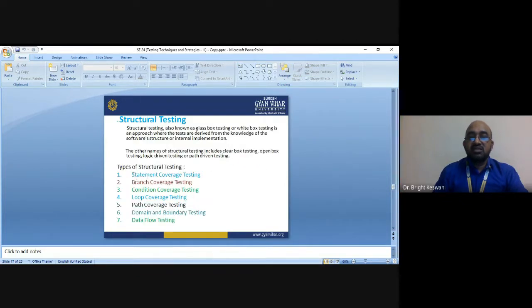In structural testing, we have to discuss statement coverage testing. This is the simplest form of white box testing, whereby a series of test cases are run such that each statement is executed at least once, and its achievement is insufficient to provide confidence in a software product's behavior.